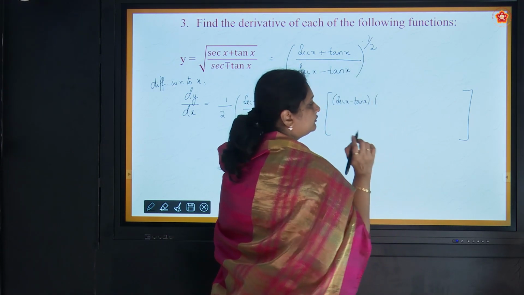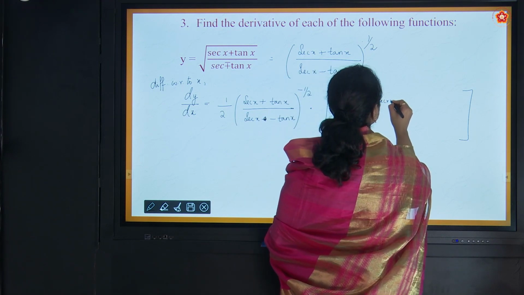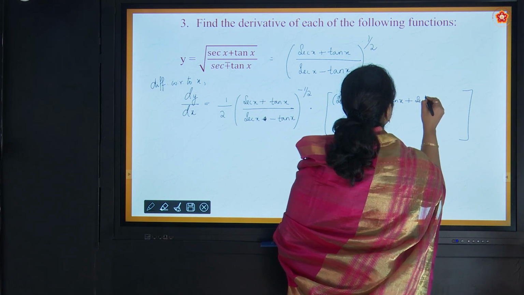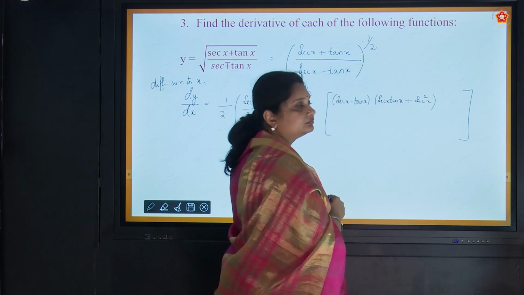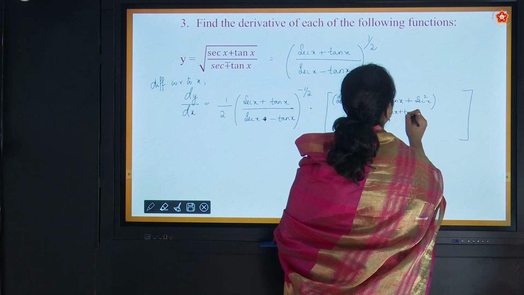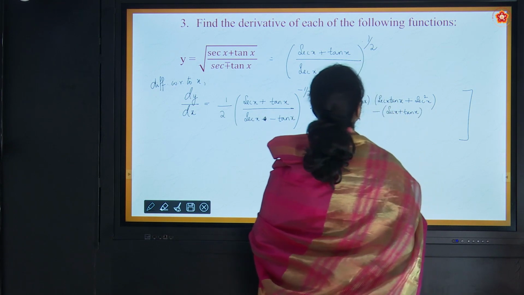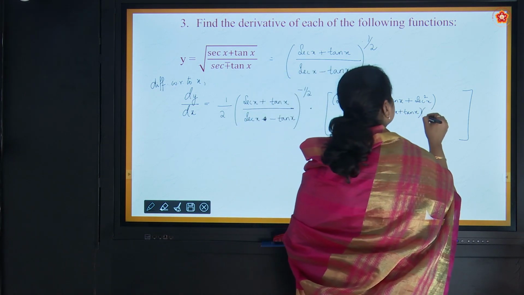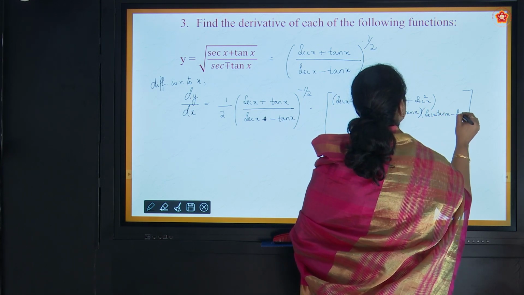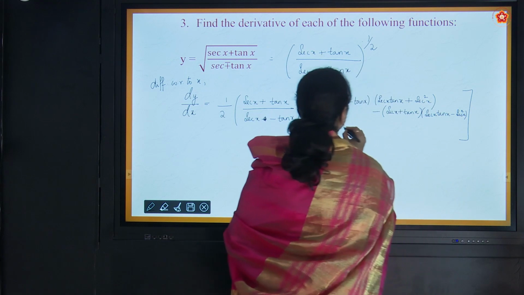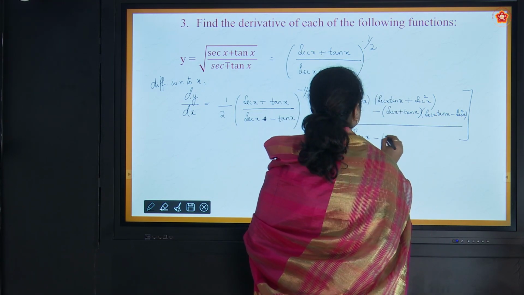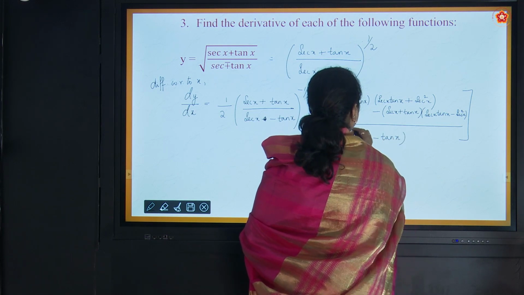Secant x on differentiation gives you secant x tan x, plus tan x on differentiation gives you secant square x, minus the numerator kept unaltered, the denominator on differentiation, secant x again gives you secant x tan x, minus tan x gives you minus secant square x, divided by secant x minus tan x the whole square.